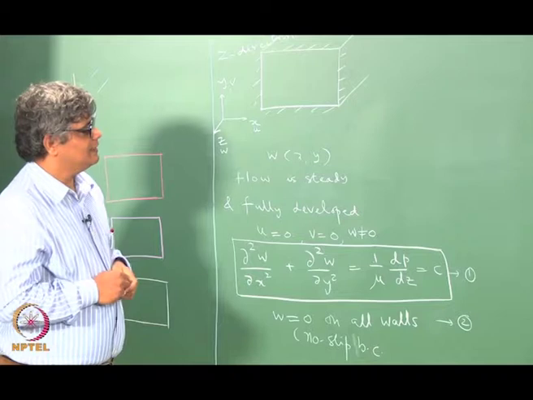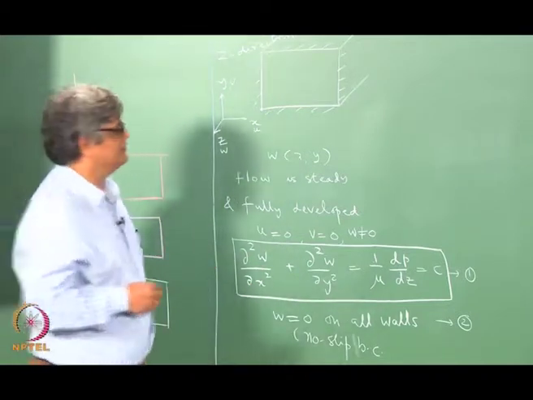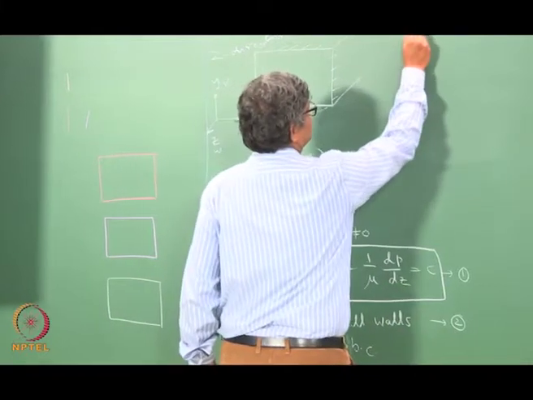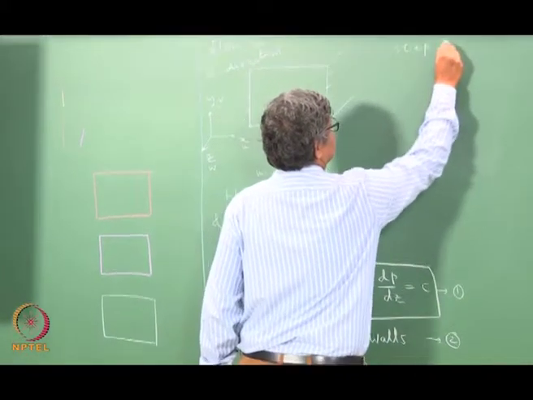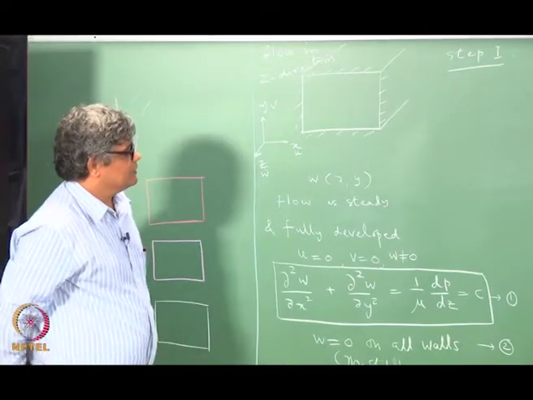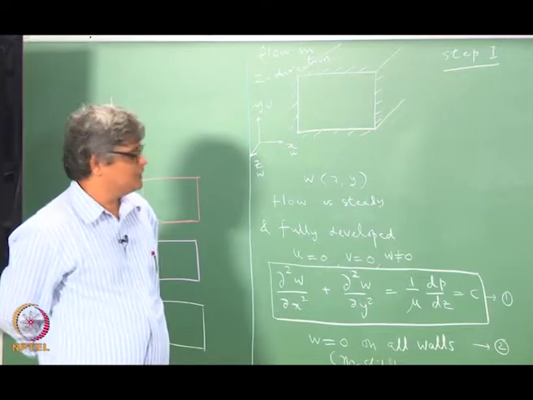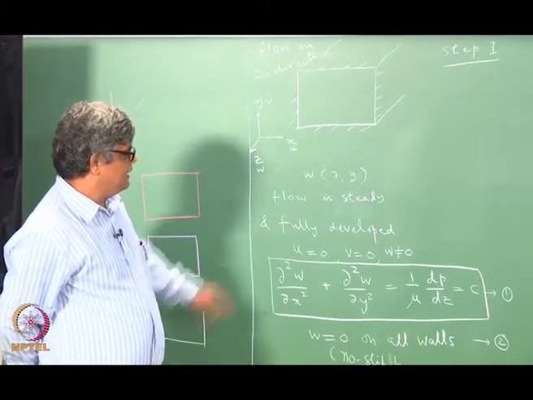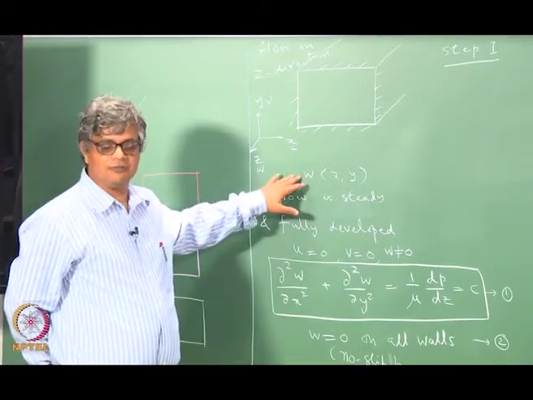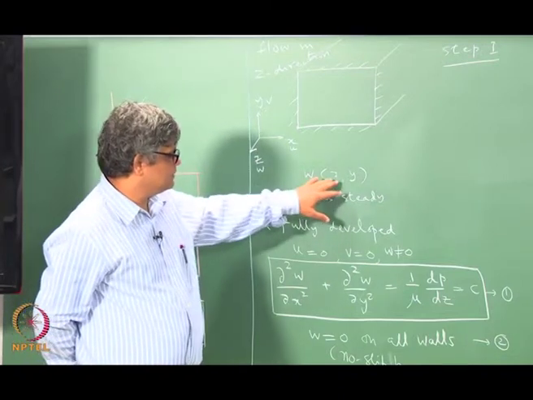What we do in CFD is that we have essentially 3 steps. So, step 1 introduces the first approximation. The first approximation that we are making is that we are not going to give a solution of this type where W is a function of x and y.